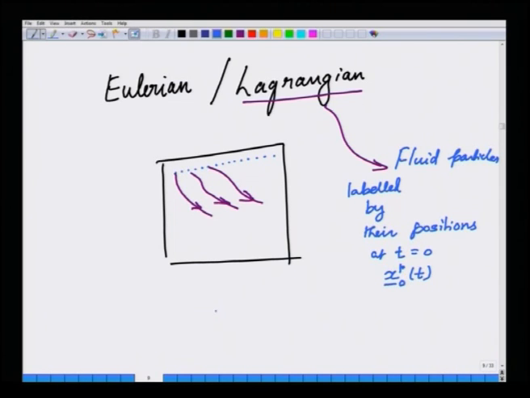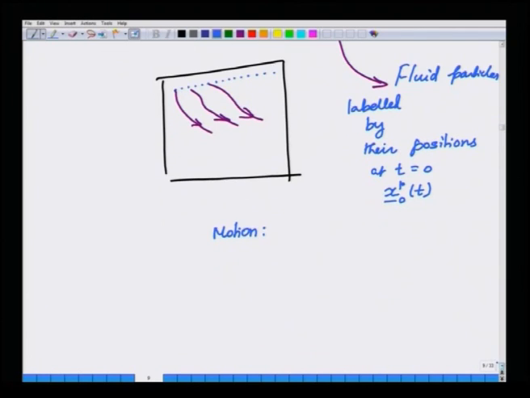So, the motion of the fluid is described by how the position of various fluid particles changes as a function of time, and it is given as a function of their initial positions x0 p. There is no time in this label; x0 p is by definition xp at time t equal to 0.